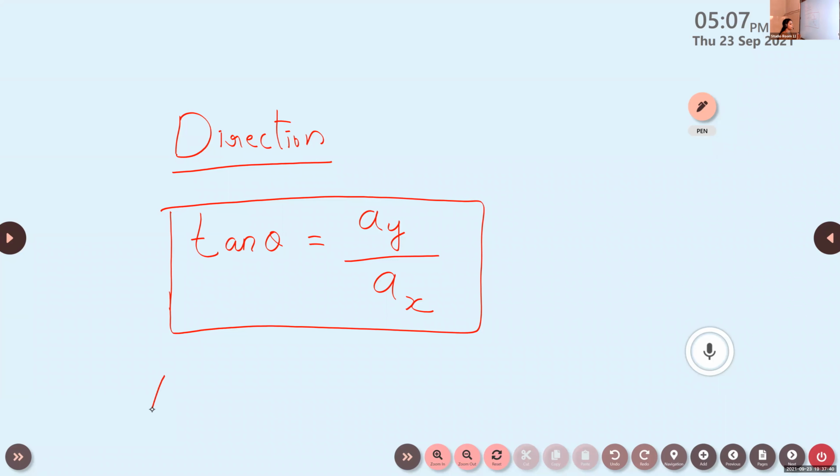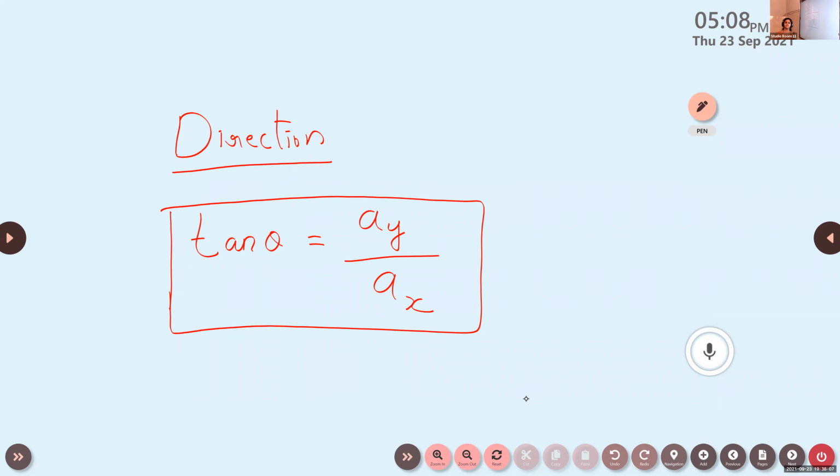Vector r is equal to rx i cap plus ry j cap. If there is a difference in the position between two objects, we can represent it by delta r. We consider the two objects r1, r2 and take their difference. So that is the position vector.